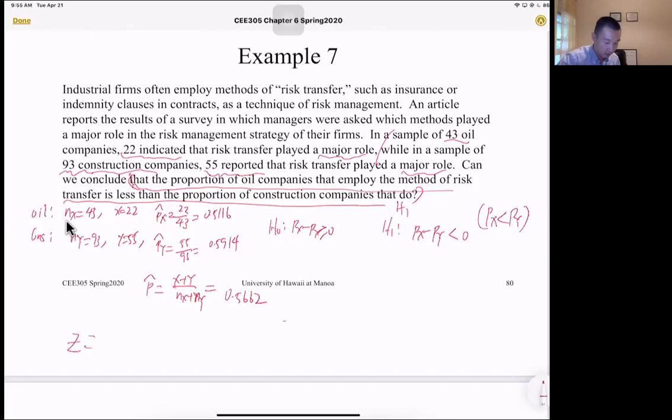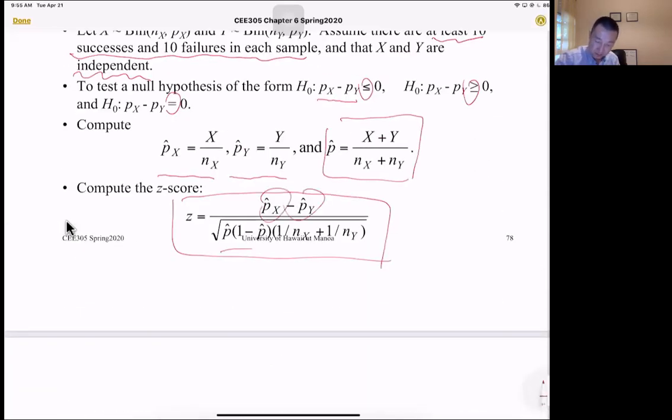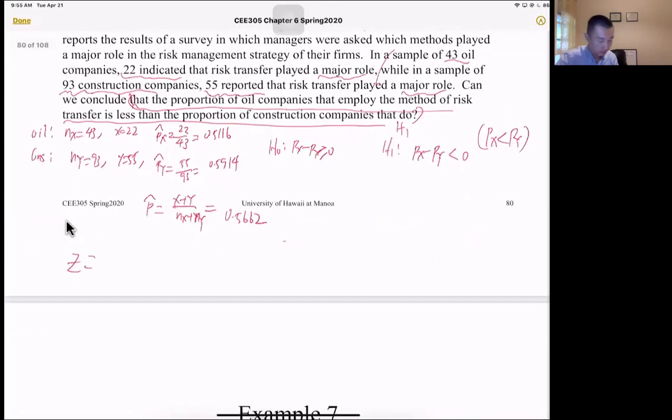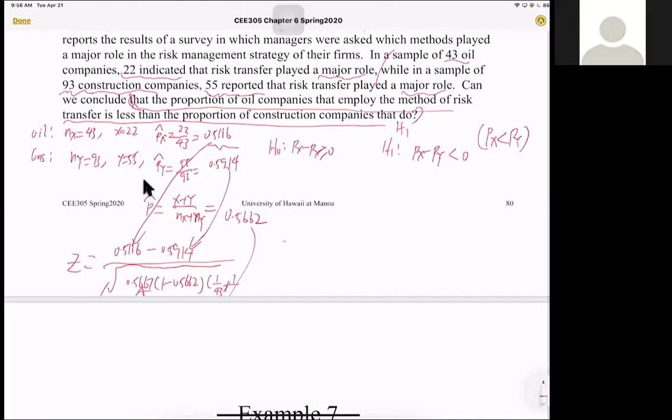So the z-score is this: px minus py minus 0, over the square root of the pooled proportion times one minus the pooled proportion, times one over sample size 43 plus one over 93.